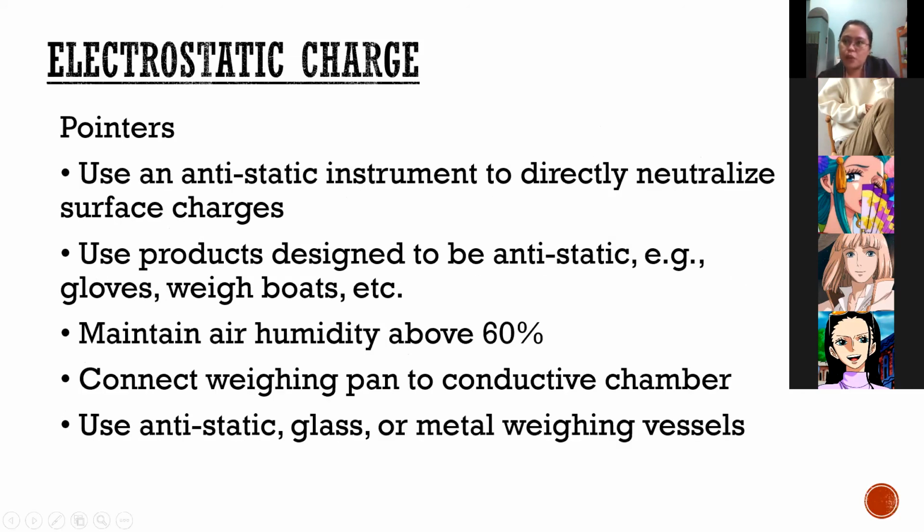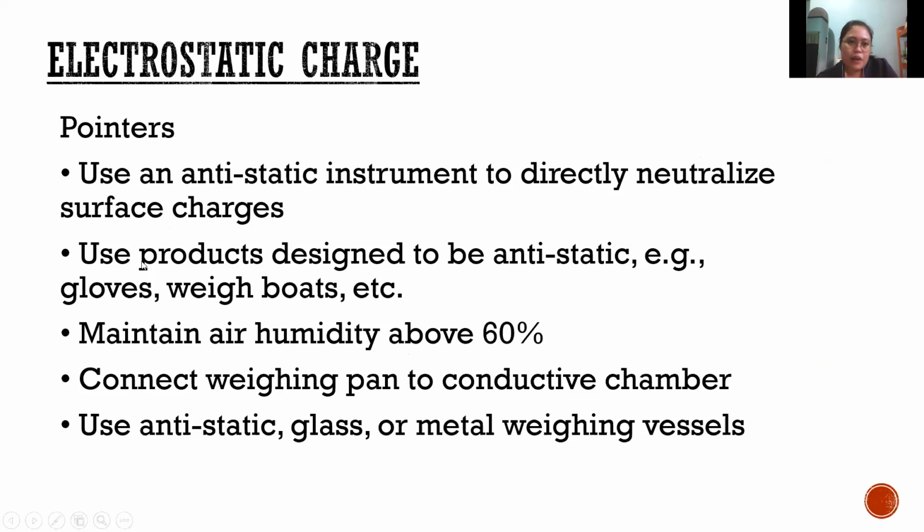So unsa ang atong kailangan tandaan? We have to use anti-static instruments para ma-neutralize ang charges sa surface sa atong mga materials nga gamiton. So unsa example sa atong mga anti-static products or instruments, we have the gloves, the weigh boats, or anti-static class nga mga glass or metal weighing vessels. So dili basta-basta nga bisag unsa na lang imuhang gamiton nga container during weighing.